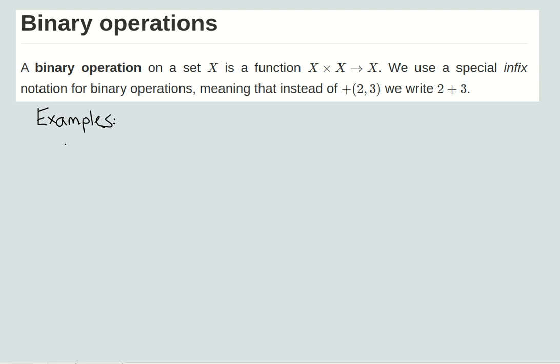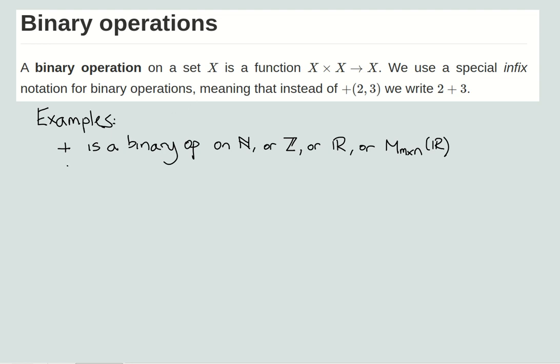Number one, plus is a binary operation, binary op for short, on the set of natural numbers, N. If you add two natural numbers, you get another natural number, so plus is a binary operation on N, and equally on the set of integers, Z, or on the set of real numbers, R, or the set of m by n real matrices, and so on.